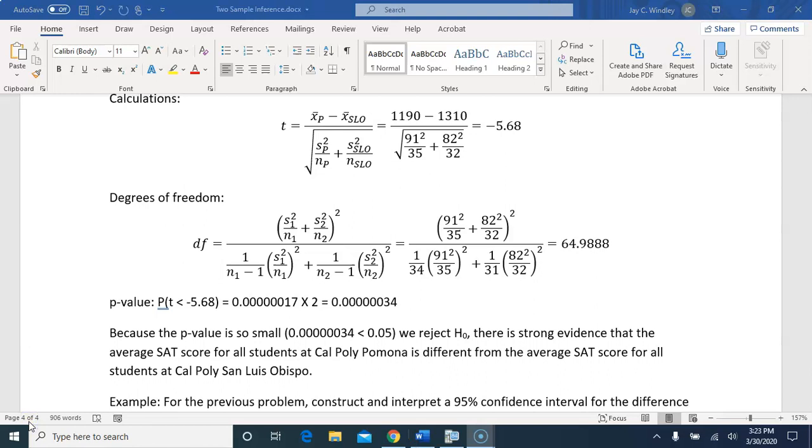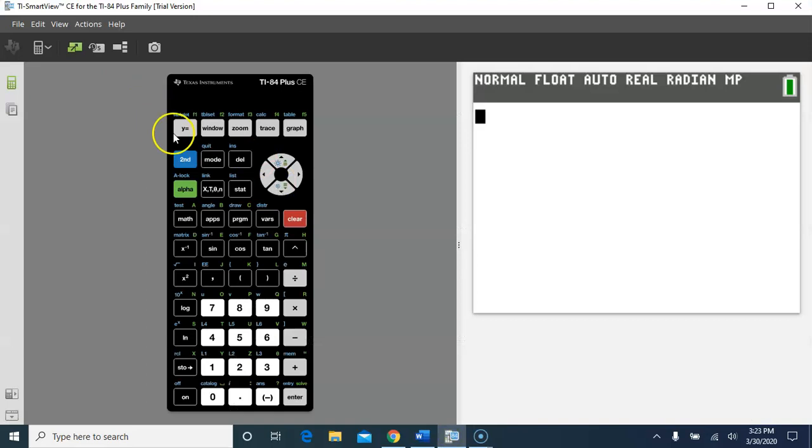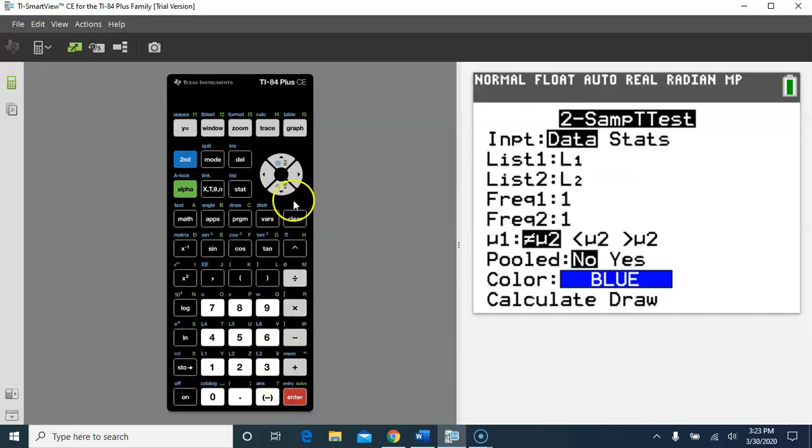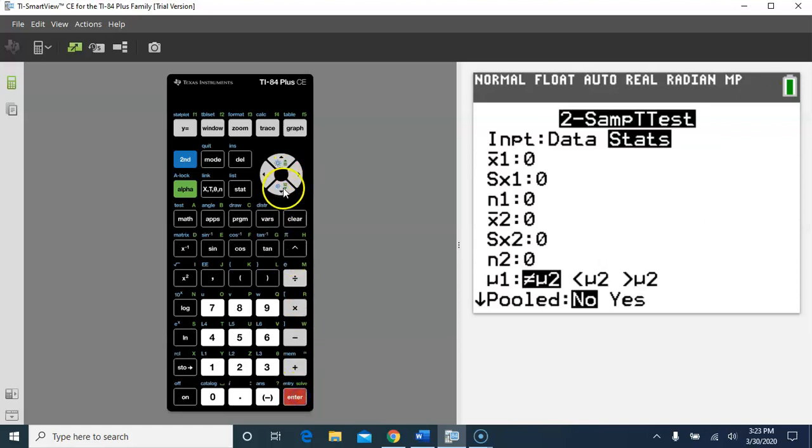Let's take a look real quick at how this would look on the calculator. So we go to our normal location on the calculator, stat tests. And we're going to go down to 2 sample t-test, highlight the word stats, and let's enter the x bar from our Cal Poly data and the standard deviation for our Cal Poly sample and the sample size for Cal Poly.